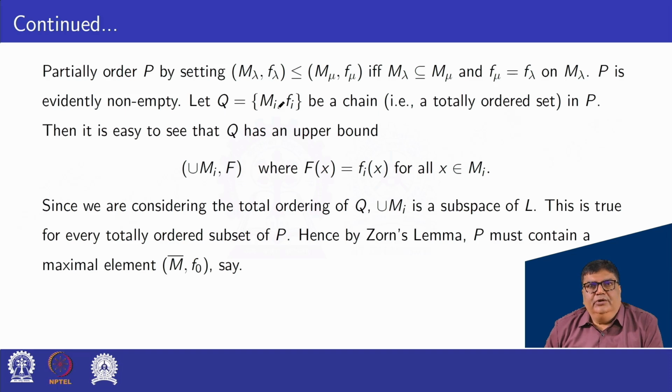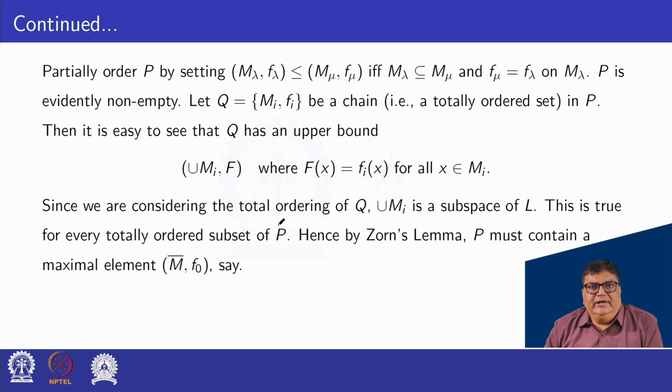Let Q, the ordered pairs (Mi, fi), be a chain, that is, a totally ordered set in P. Then it is easy to see that Q has an upper bound: the ordered pair of the union of Mi and f, where f of x is equal to fi of x for all x belonging to Mi.